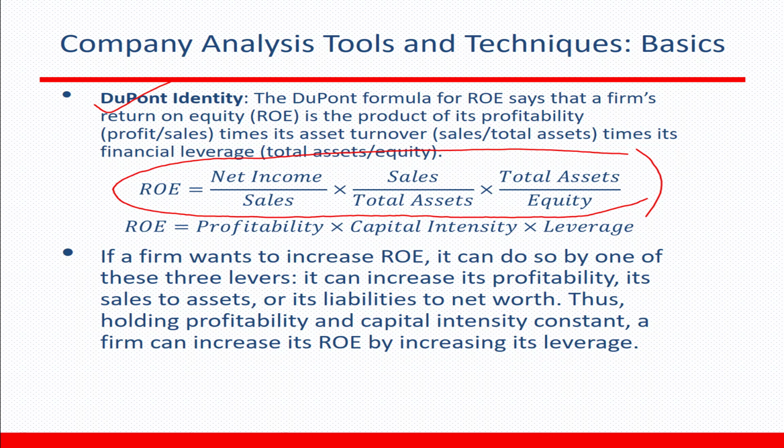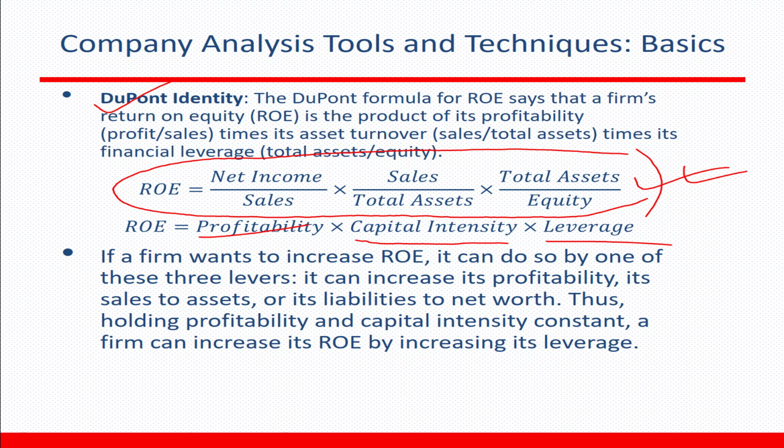But you can rewrite that equation this way, and that is a relationship which says that return depends on three important factors. One is the profitability, another one is the capital intensity, another one is the leverage.